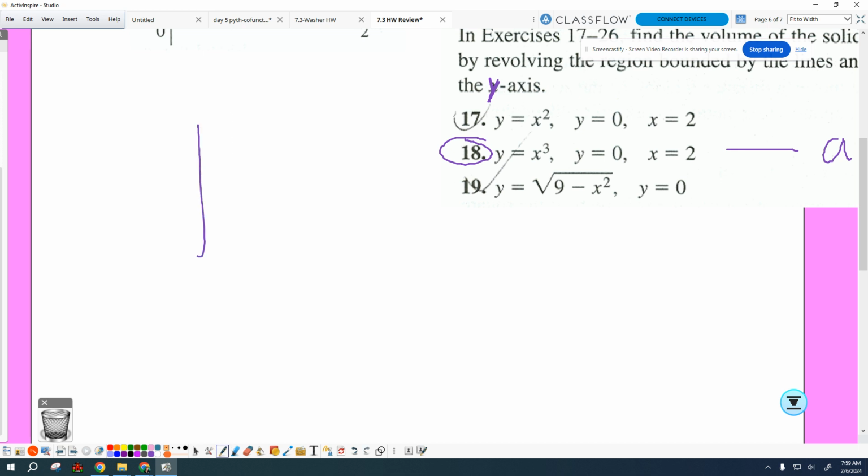So Nina drew y equals x cubed, and the line y equals 0, and x equals 2.